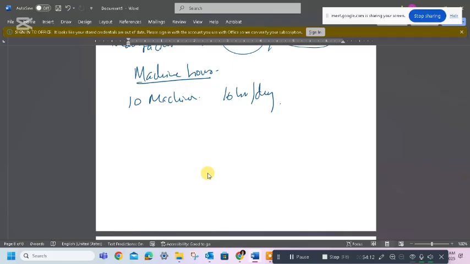So if you are preparing it for a year, I'll do the calculation like this: 52 weeks, 5 days a week, 16 hours, times 10 machines. 52 weeks, 5 days, so this gives you the number of days, 16 hours per day by 1 machine, 10 machines. We will multiply and get the hours. This is called theoretical capacity.